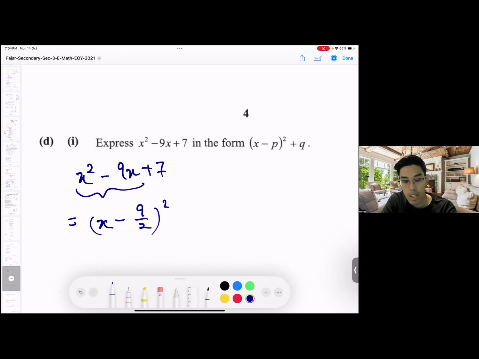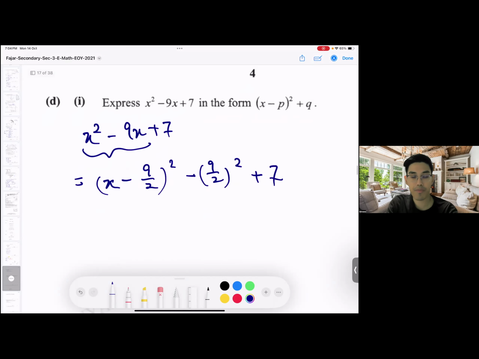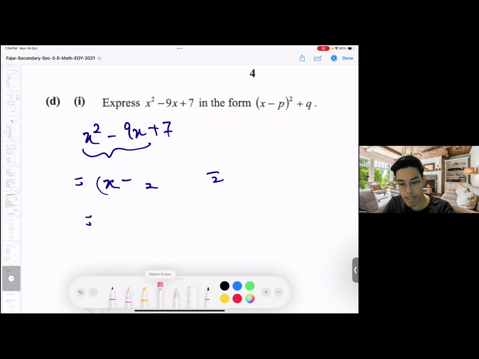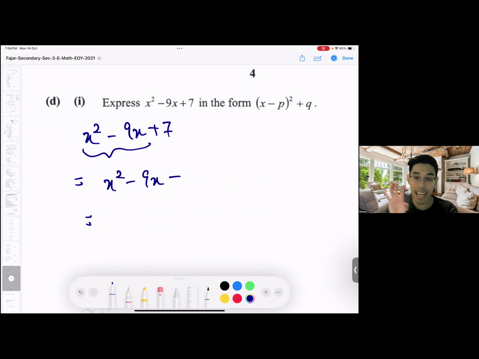From here, we minus off 9 over 2 squared, plus 7. Because this term over here, if I were to expand it out, maybe I write down the working step better. It will be x squared minus 9x. The last term of this algebraic identity will be 9 over 2 squared.